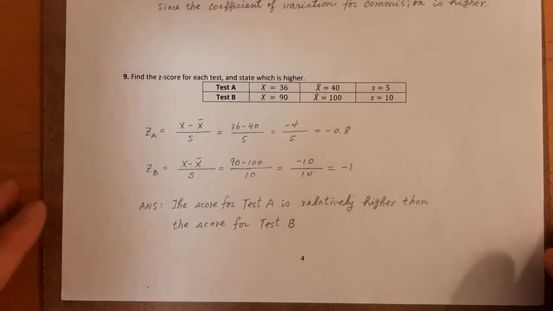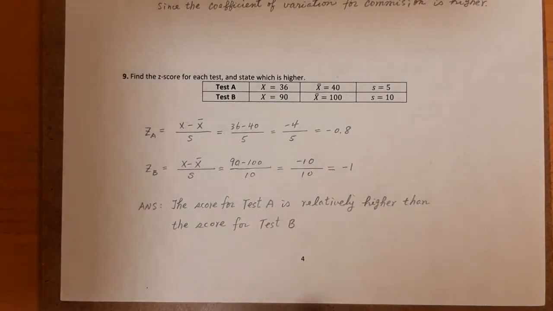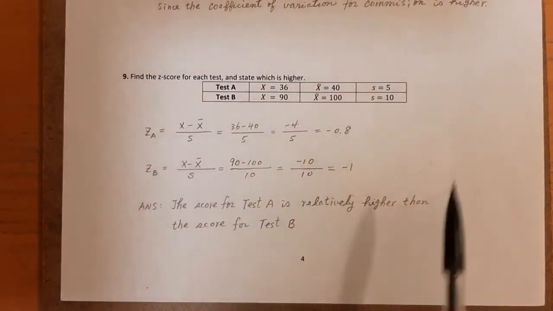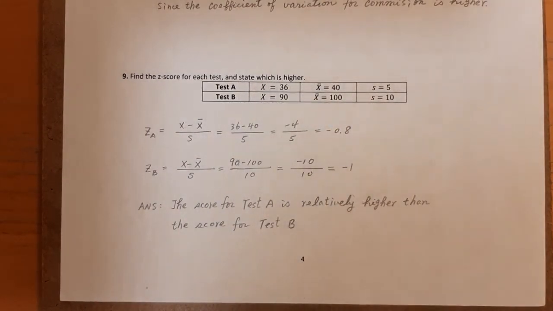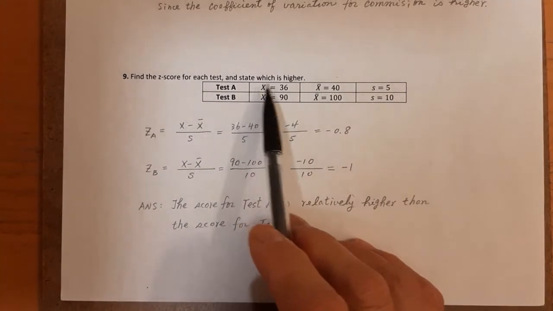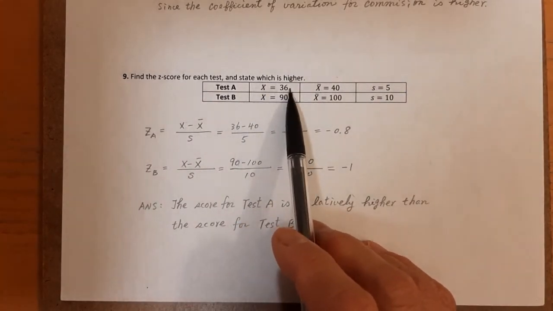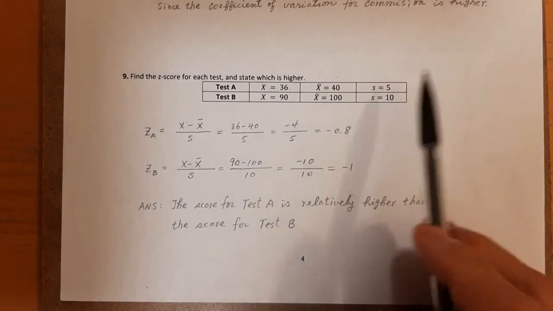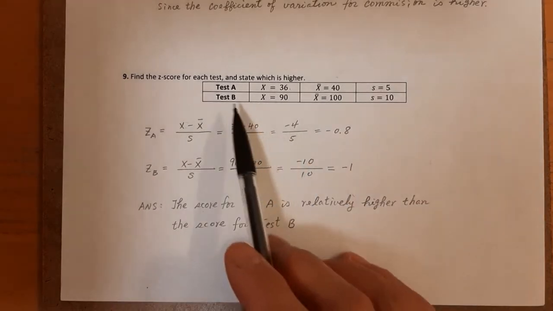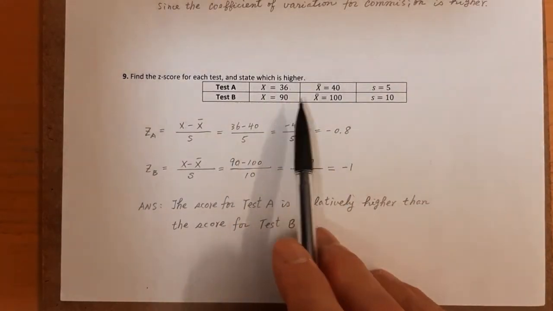The next question, find the z-score for each test and state which is higher. Which score is higher? Test A score is 36. The mean is 40. The standard deviation is 5. Test B score is 90.